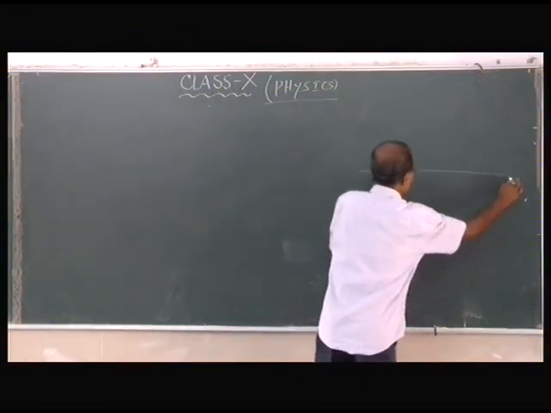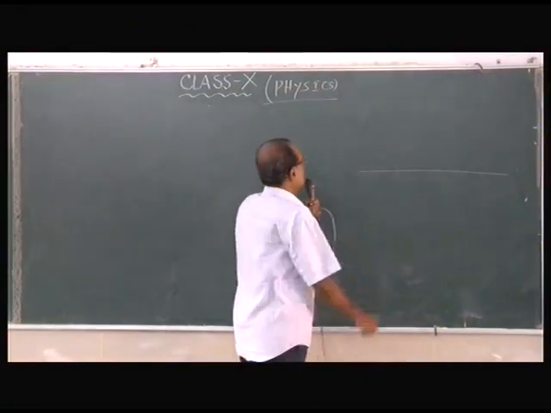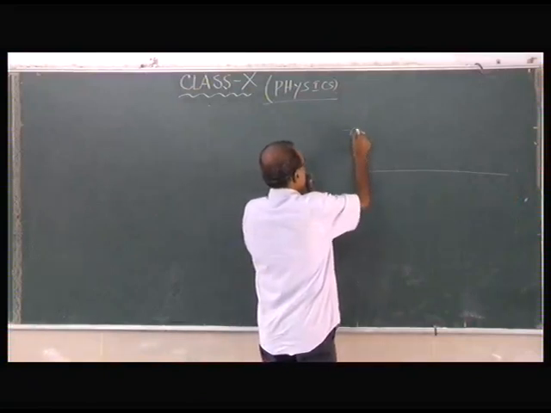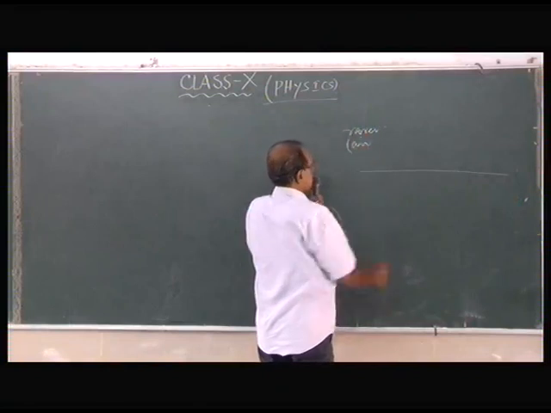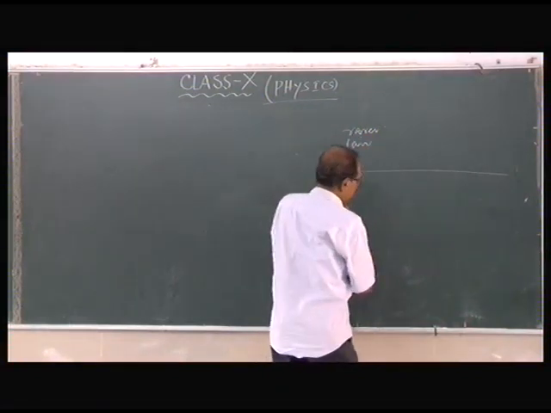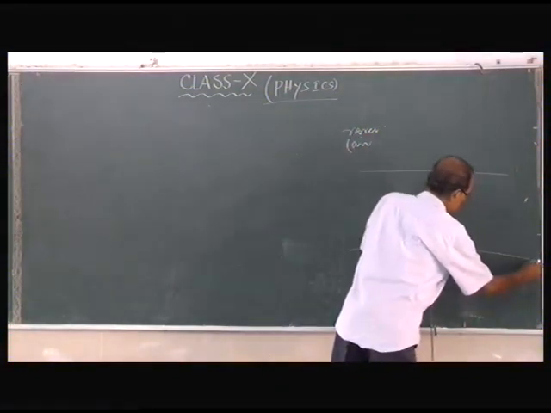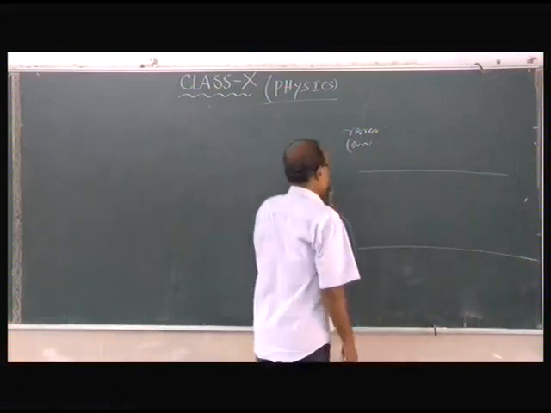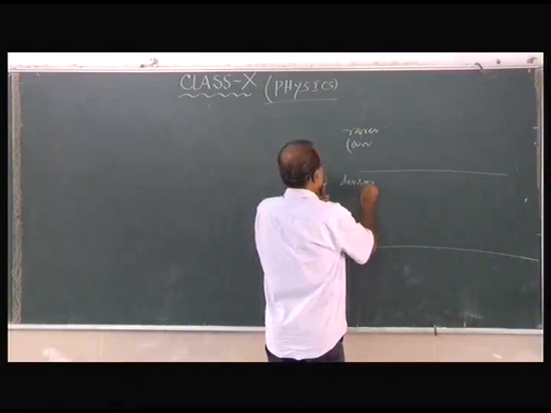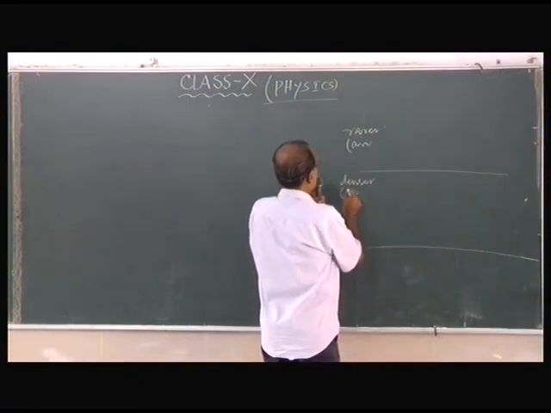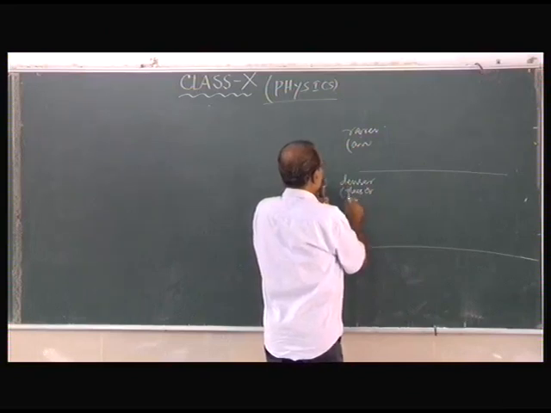This is a line which divides two media. This is say rarer, say it is air, and this is the bottom portion. This one you say denser medium, glass or water, anyone.